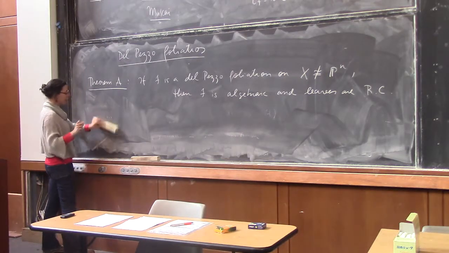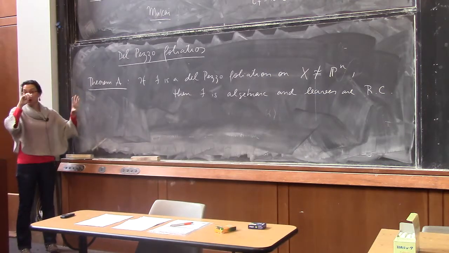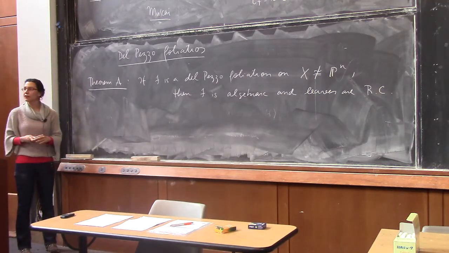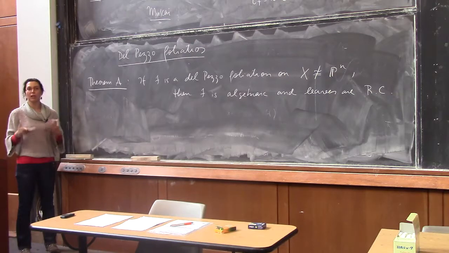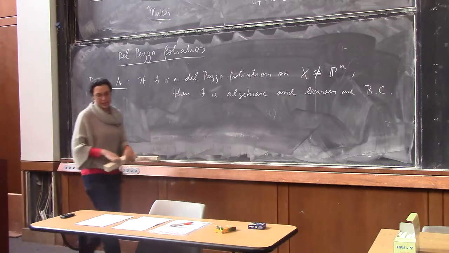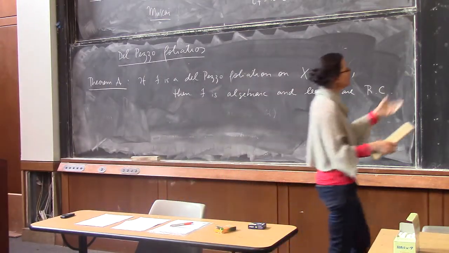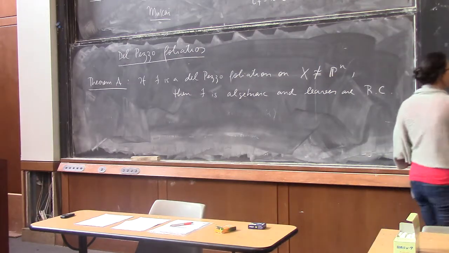Our next result gives some classifications of del Pezzo foliations under some conditions. Before I state this, maybe it's time to give some more examples. So this was the case of Pn.